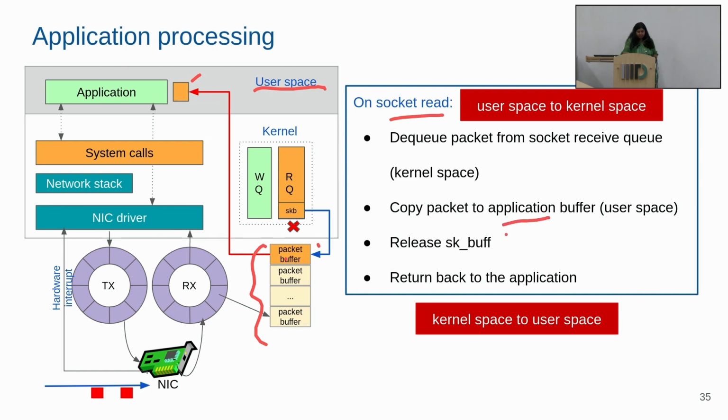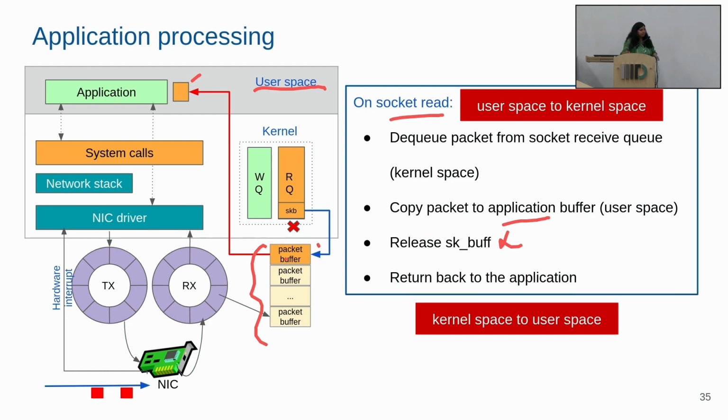So we copy the packet, and after copying, once the application has received it, the sk_buff is of no use anymore. So we will release this sk_buff, provided nobody else is accessing this packet. If somebody else is accessing it, we still have to remove it, because you remember that writes cannot happen on this packet.